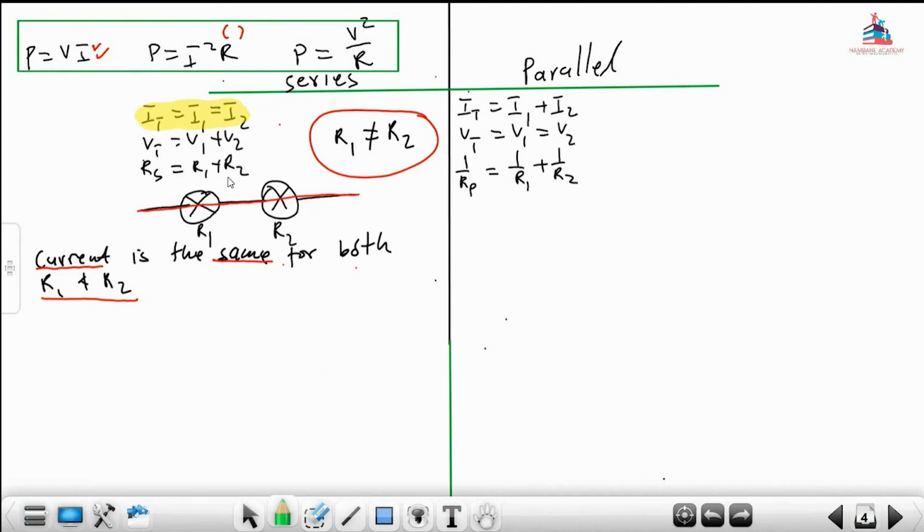Because if I try to use P is equal to V squared over R, it is not going to work because I will have two variables changing. Remember, V is not the same, R is also not the same. So that will be an unfair comparison.